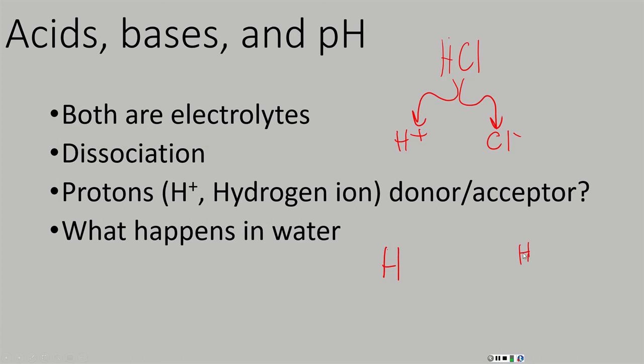But if we took away an electron, how do we symbolize H? If you lost an electron, remember, we write a plus sign. So this H is a proton. And since we've lost an electron, there's our positive charge. H plus is a proton.